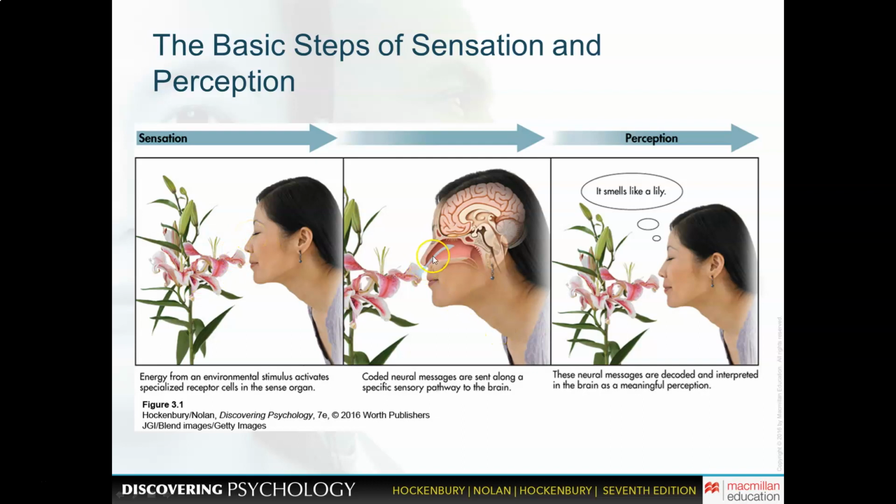Then once that information goes into her olfactory senses, it goes up into the brain and starts to process. The third step is when finally perception is achieved. She says to herself, oh, it smells like a lily. Those are the three basic steps of sensation and perception.